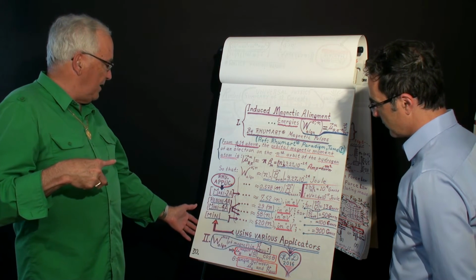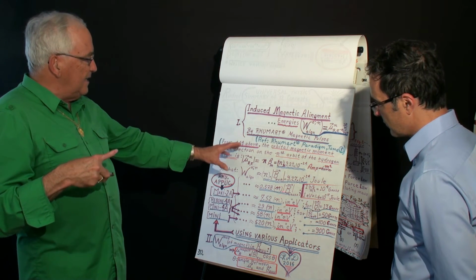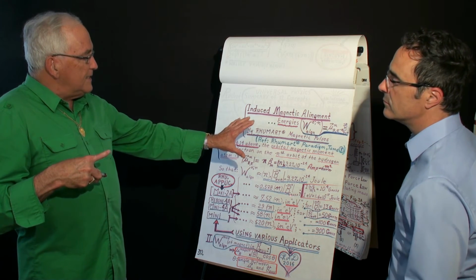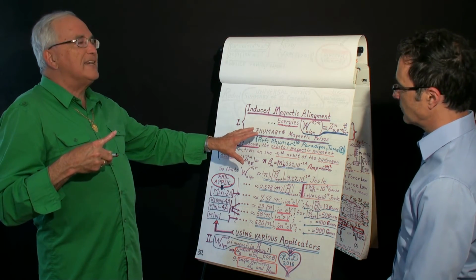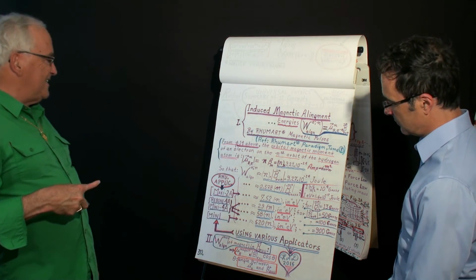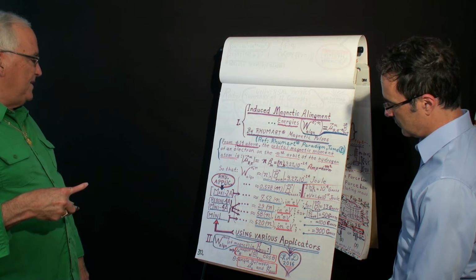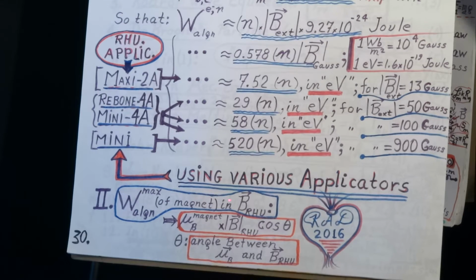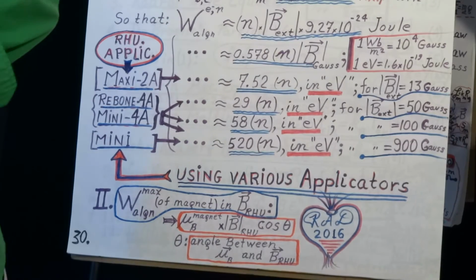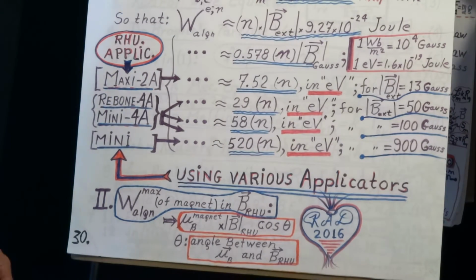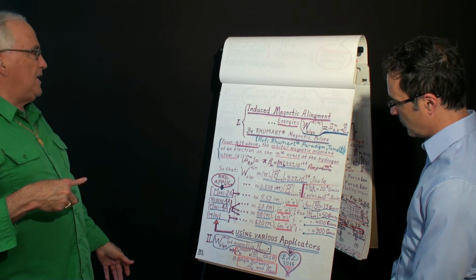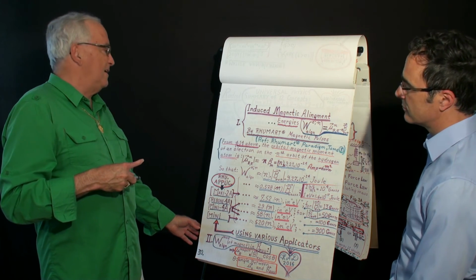So using different applicators, and this is a simplified treatment with classical mechanics. But there is a more complex treatment in quantum mechanics, and this is in volume 2 that I showed there about the Raumart paradigm, but it's somehow beyond the scope of this introduction.